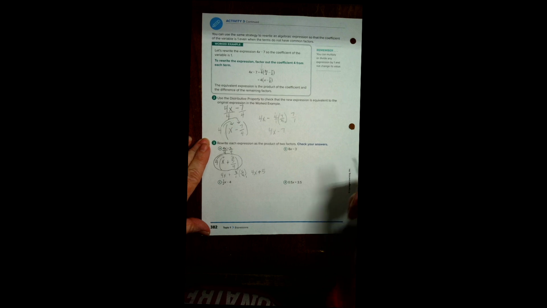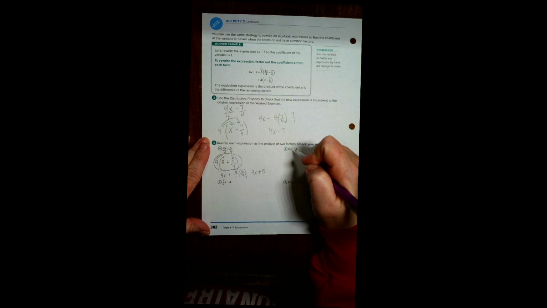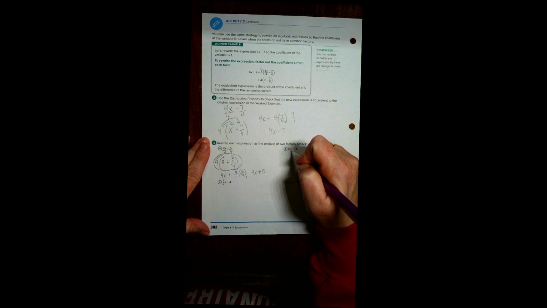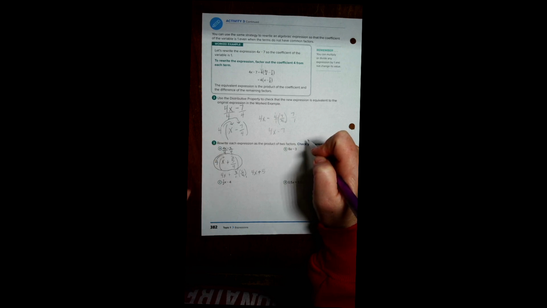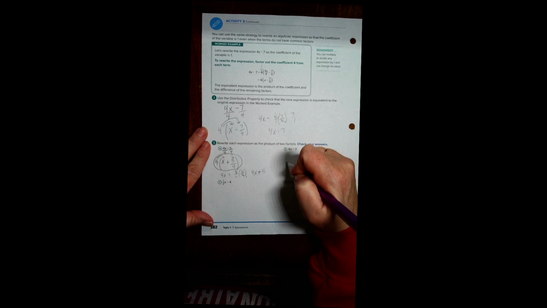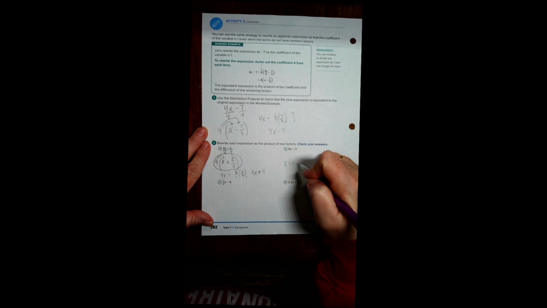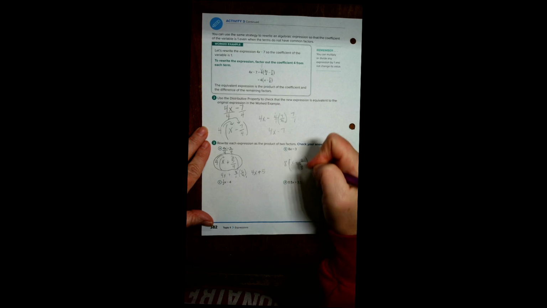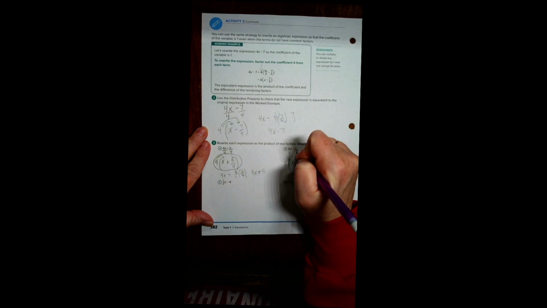Okay, let's look at letter B. So we want the x to have a coefficient of 1. So if we factor out an 8, because we would have to divide by 8, divide by 8.